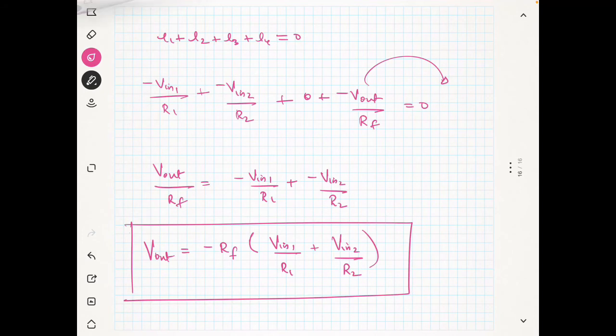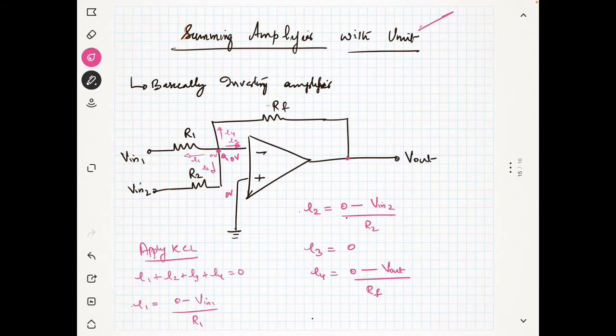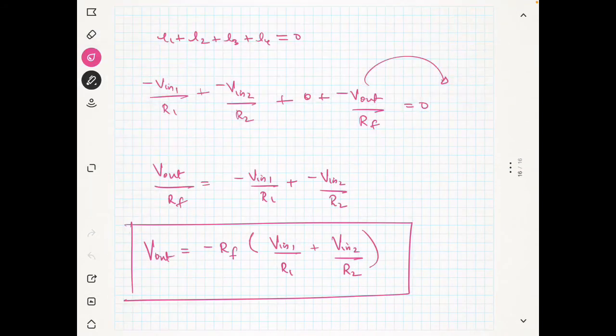Now I am talking about something having a unity gain. Now you see, if I choose RF equal to R1 equal to R2, then what will happen?